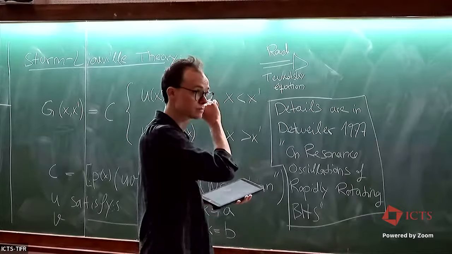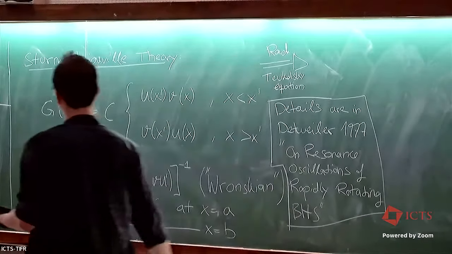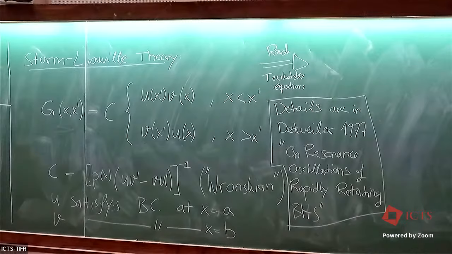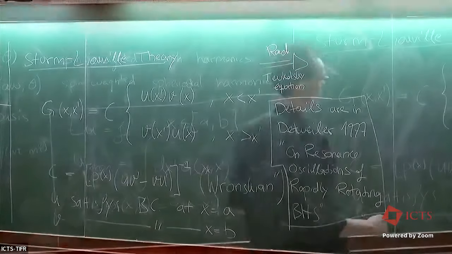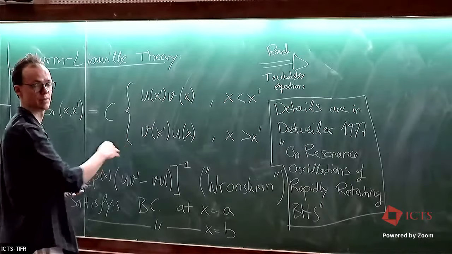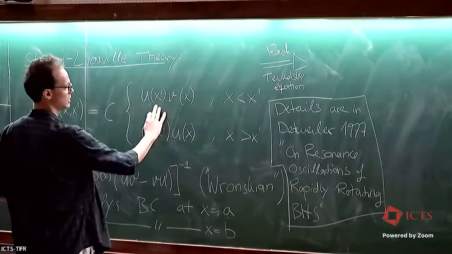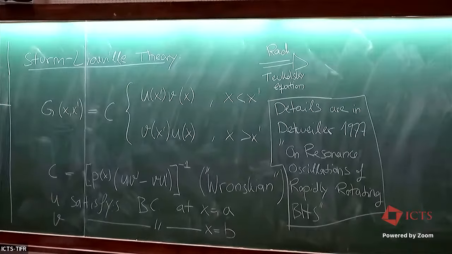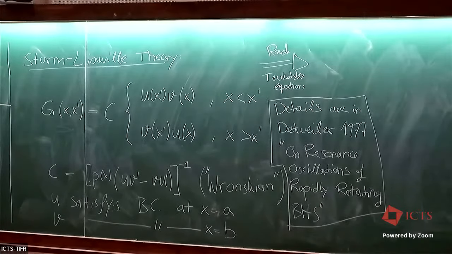Okay. So ultimately, what is our solution going to look like? Now we're looking for a solution for R, so the U is just going to be R. And then we're going to integrate over some R prime instead of X prime. And then we have the Green's function. So the Green's function is basically a homogeneous solution that satisfies the boundary condition on one side times the homogeneous solution that satisfies the boundary condition on the other side of the domain.